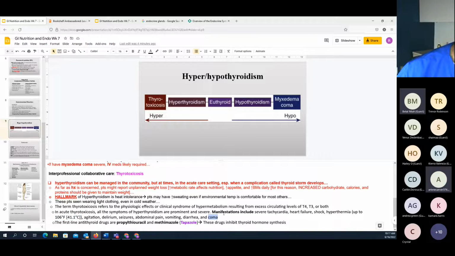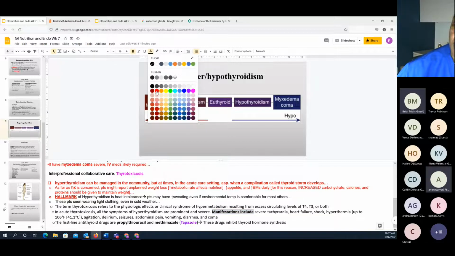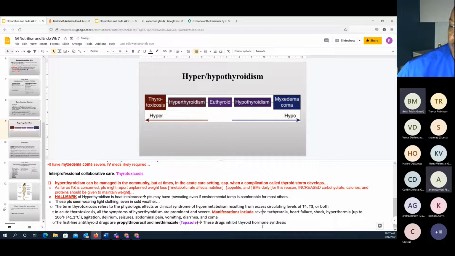So I mean, what would you say? I would probably lean to hyperthyroidism in this case. Maybe I'll make that one red too. Get you all really thinking about that one. So I would probably go with the hyperthyroidism, but it really depends on where the patient is, how long they've been undertreated.